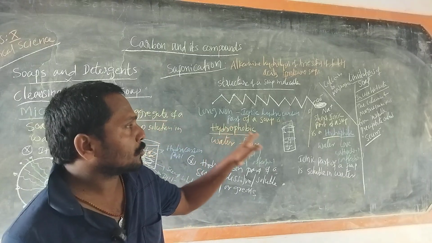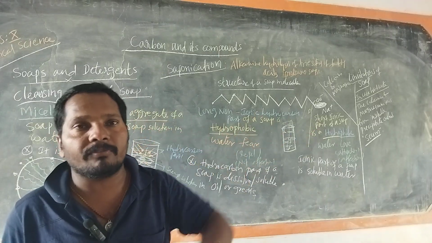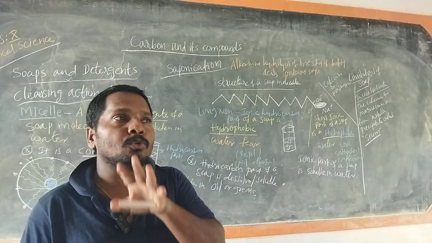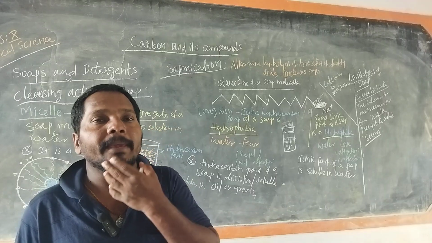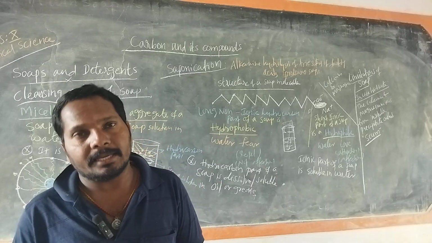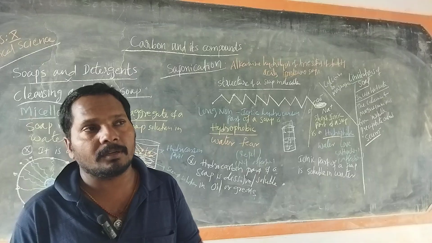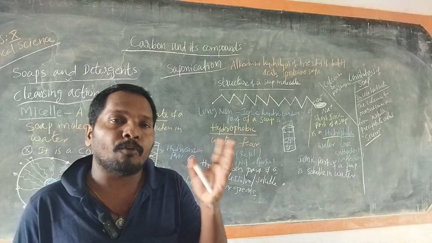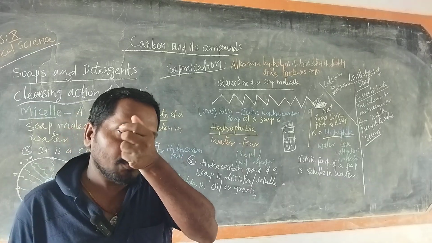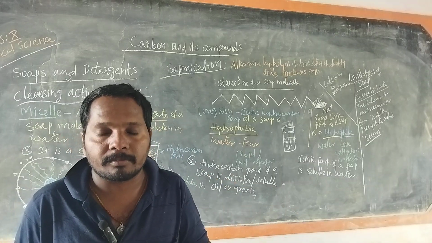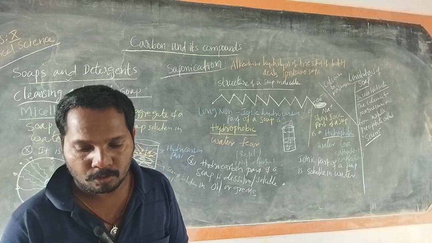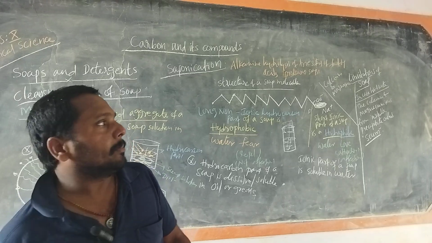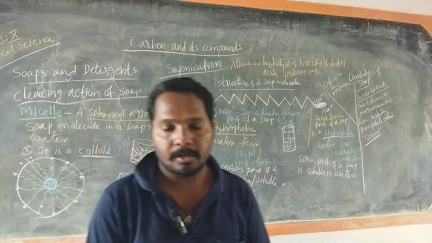The action of soap is limited only to soft water, because no scum is formed, since no calcium and magnesium salts are present in soft water. So the action takes place properly, then foam is formed properly, and we can remove the dirt from the clothes. Right. So this is about the limitations of soap.